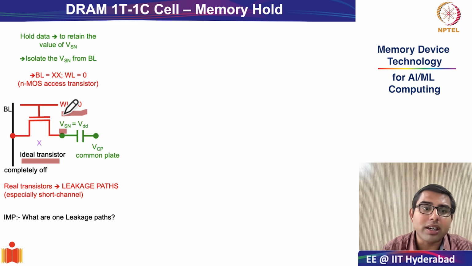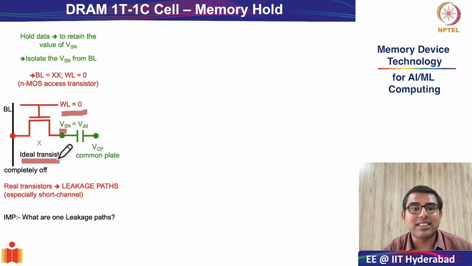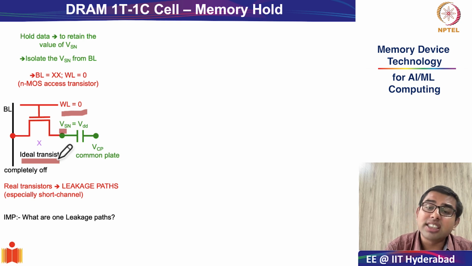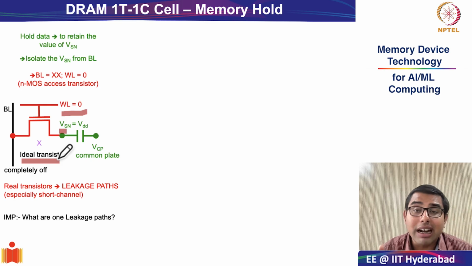The last important aspect when we are discussing the transistor is what happens when you make the DRAM cells smaller and smaller. A part of making the DRAM cells smaller is to reduce the size of the access transistor as well. But when you start reducing the size of the access transistor, you start having short channel effects. If you have done a basic course on semiconductor devices, you would know that these leakage effects are even more prominent in short channel transistors.